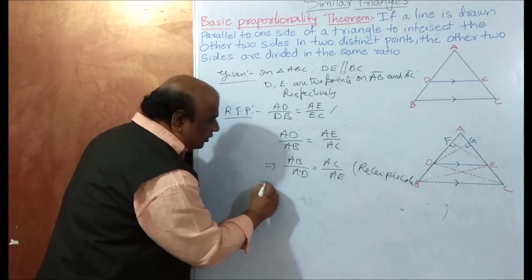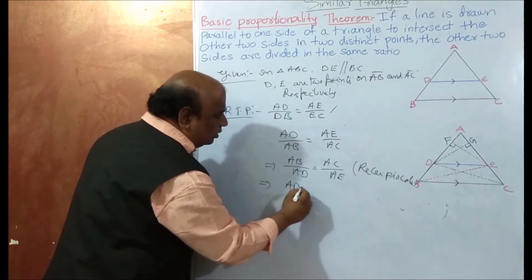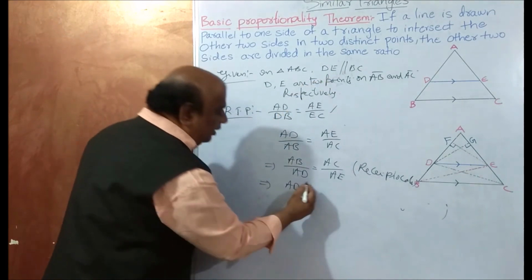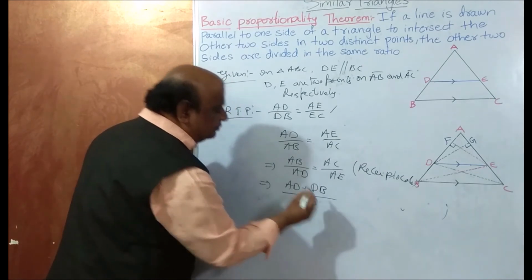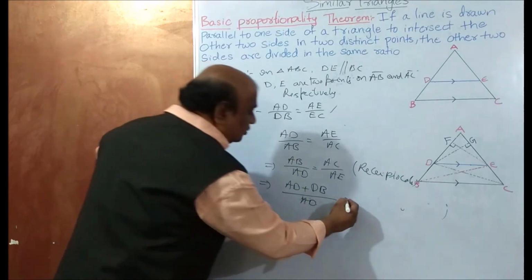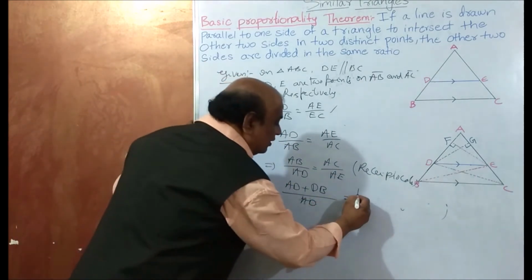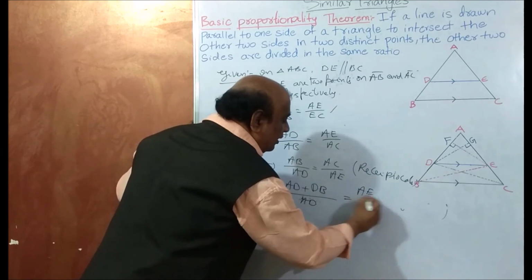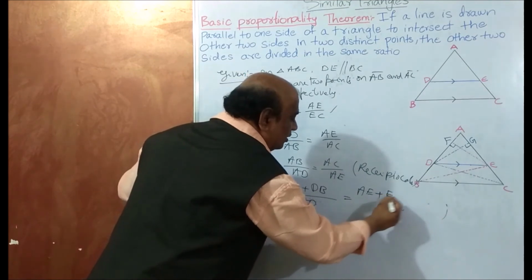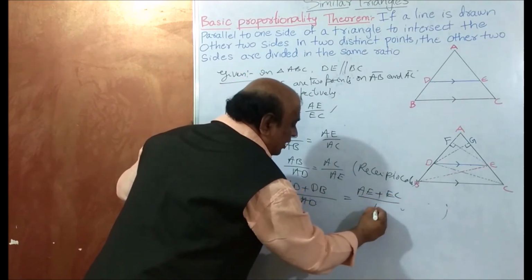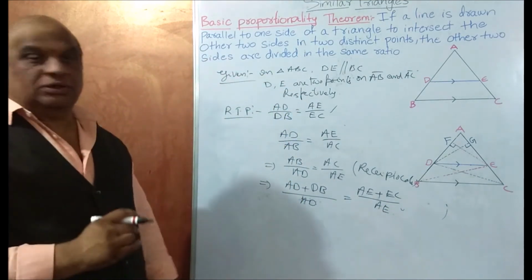Here, AB you write as AD plus DB, by AD. Here also we can write AC as AE plus EC, by AE. Understood?